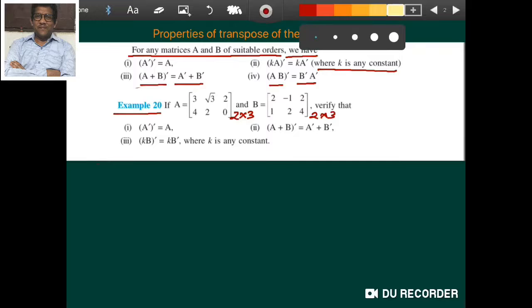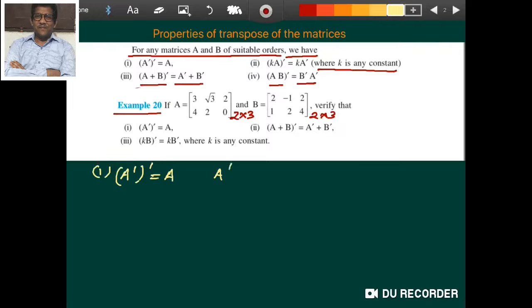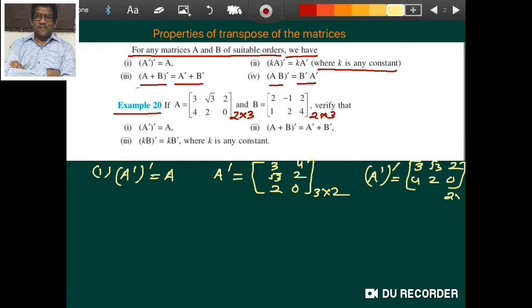First, the double transpose of A. We have A dash, whose order is 3 cross 2. Now if we again transpose this matrix, we get a 2 cross 3 matrix, which is the same as A.